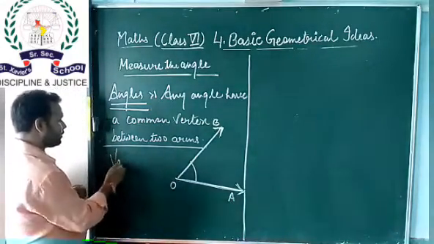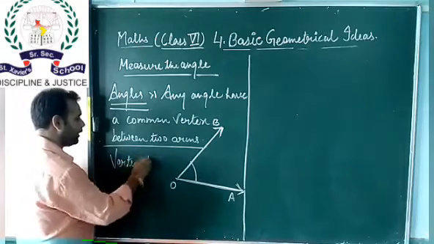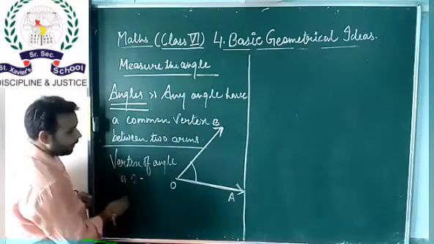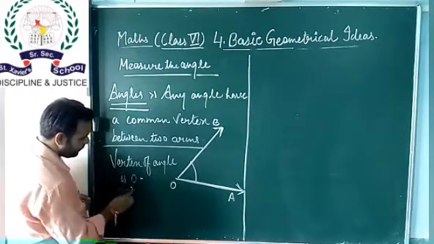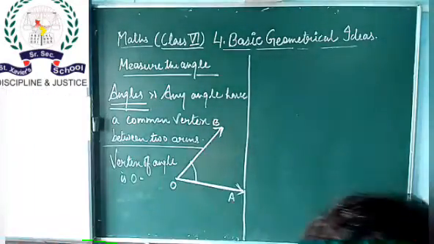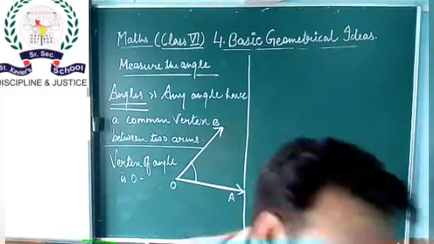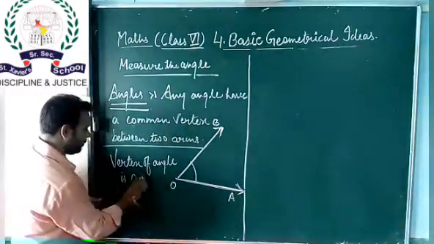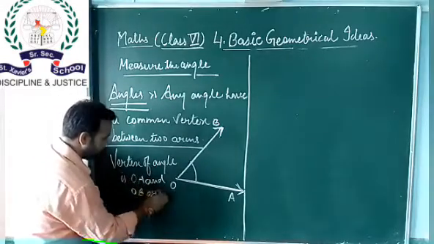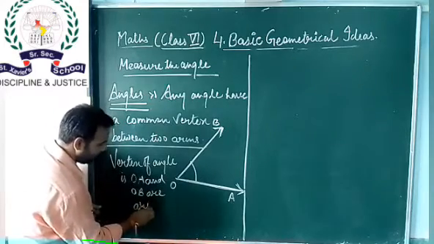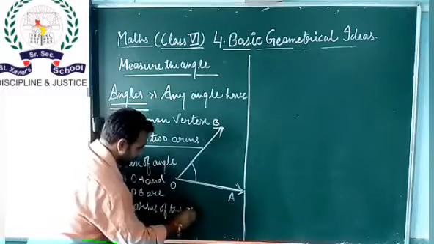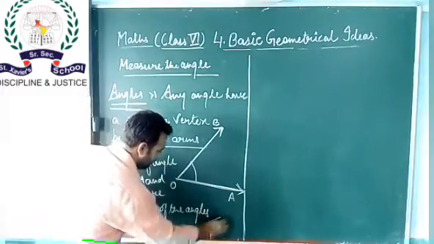It means the vertex of the angle is O, and OA and OB are the arms of the angle.